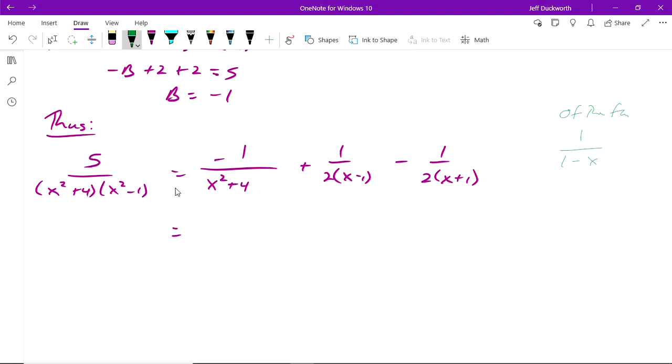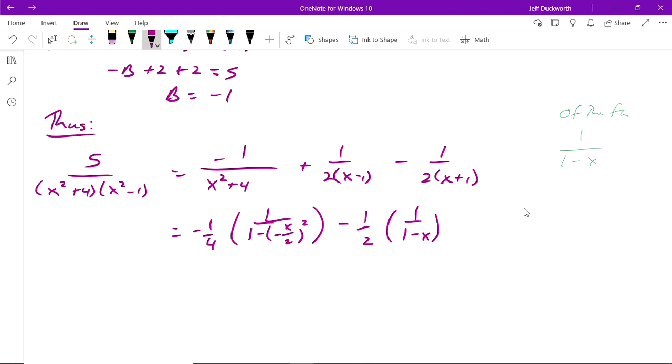Well, we can pull out a 1/4 for our first one, or negative 1/4. And we're going to be multiplying that by 1 over 1 minus a negative x over 2 quantity squared. Well, I plugged the 1/2 into this one. I probably shouldn't have. I should just have left it out, it looks like. Looks like we're going to take out a 1/2 or negative 1/2. And that'll be 1 over 1 minus x.